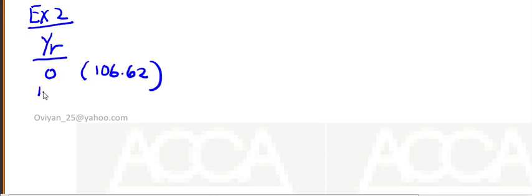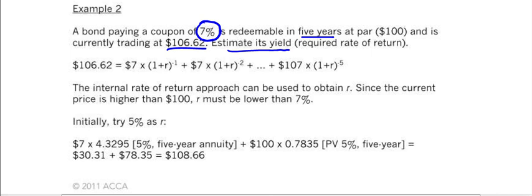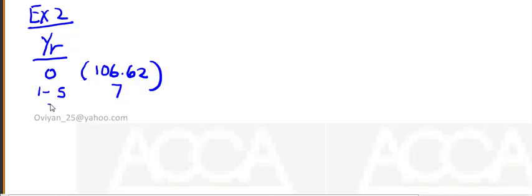Now year 1 up to year 5, how much is your coupon? Your coupon is 7%, and in year 5 you are going to get back your redemption, which is $100.